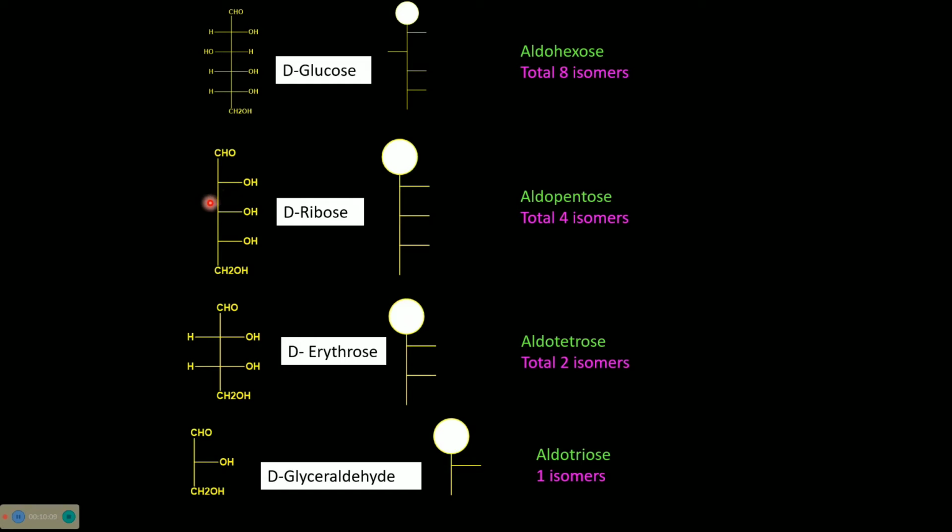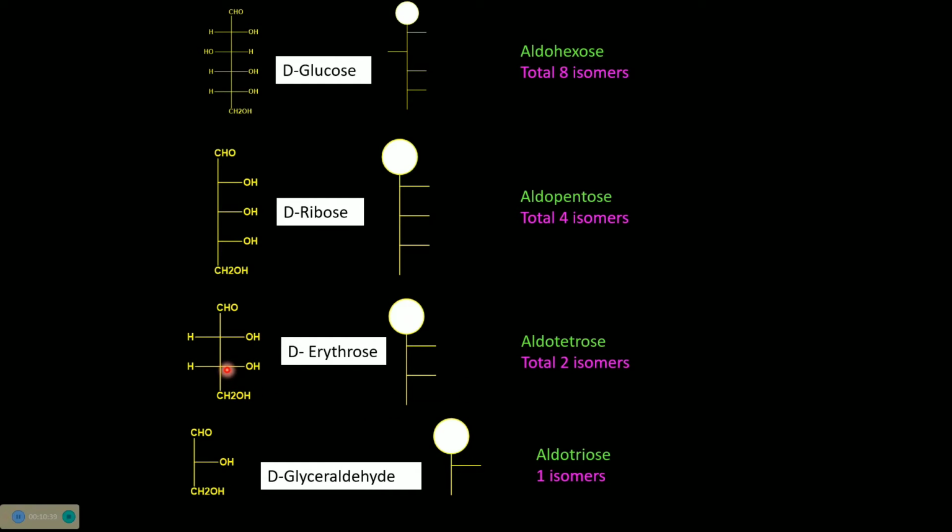So there are another two different chiral centers, and we have to think about the stereochemistry of these two. In erythrose, this chiral center's stereochemistry is fixed as D, and since there is only one other chiral center, that may be D or L. That's why two different isomers are possible.